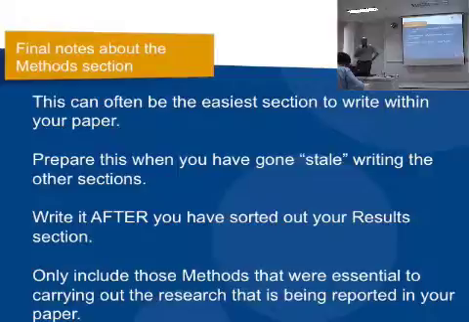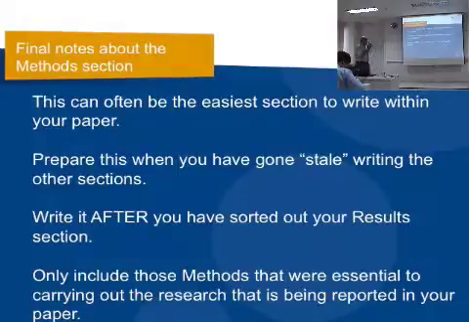Only write the materials and methods after you've worked out what story you're going to tell in that results section. No point in writing a whole lot about methods and then you decide you're not going to write that up after all. So remember, this morning we talked about sorting out the story that you're going to tell, write the results section.